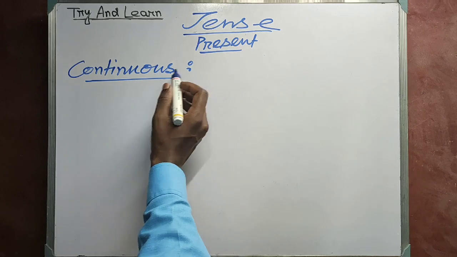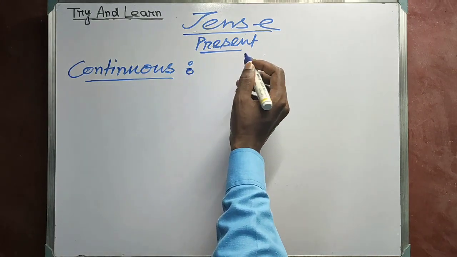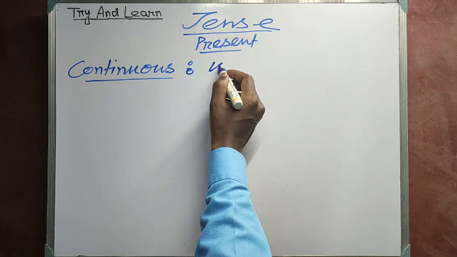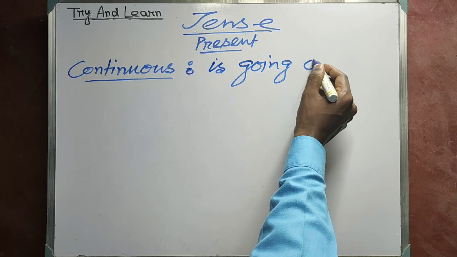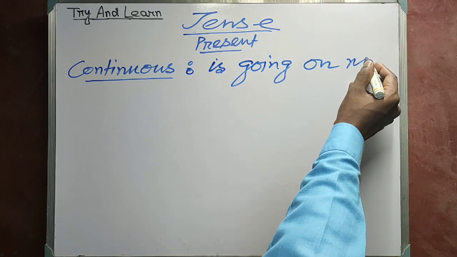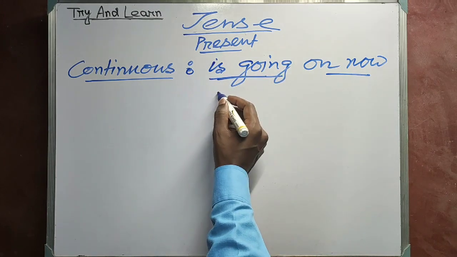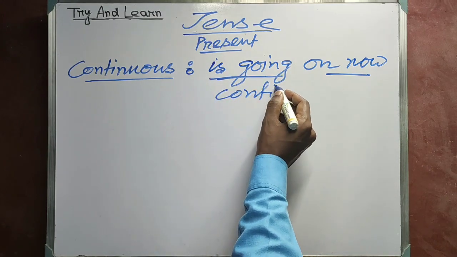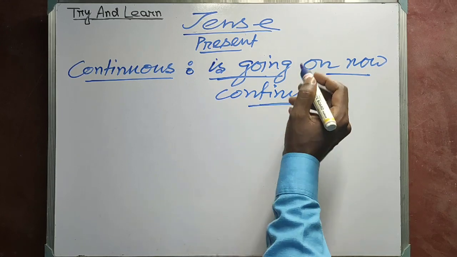The next tense is present continuous or present progressive. This tense is used when any action is going on now. Means the present time it is going on or continuing. The action is continuing now.